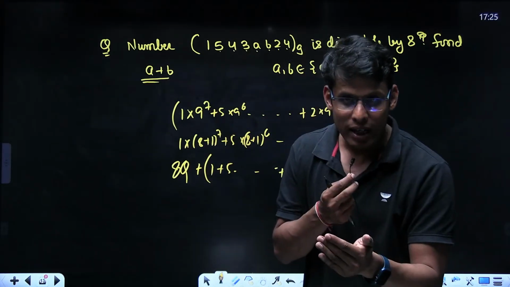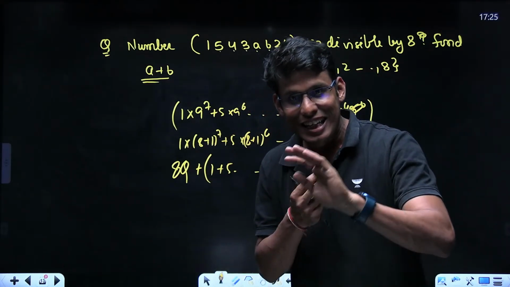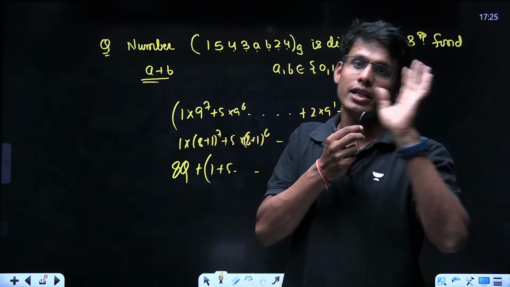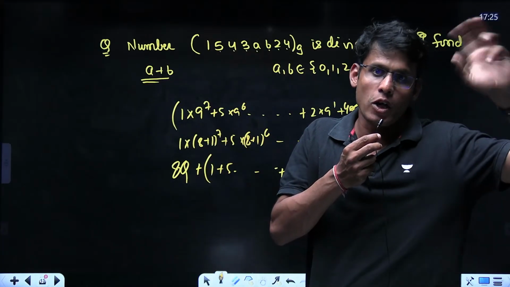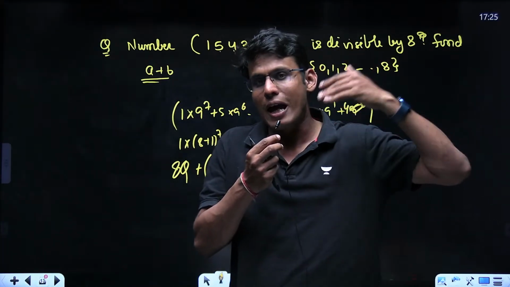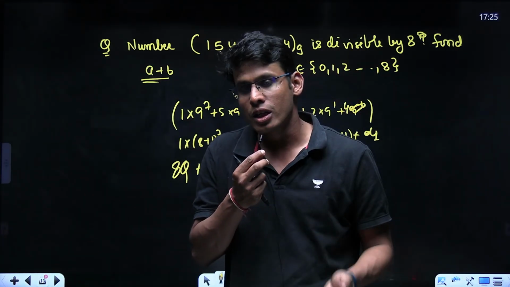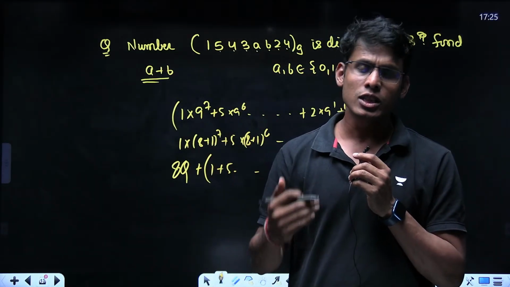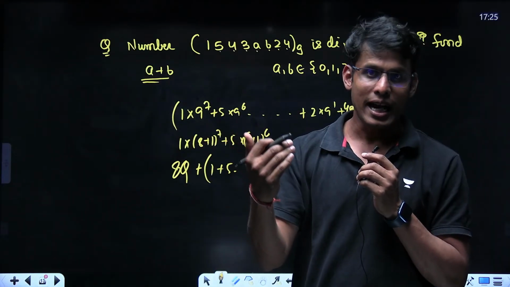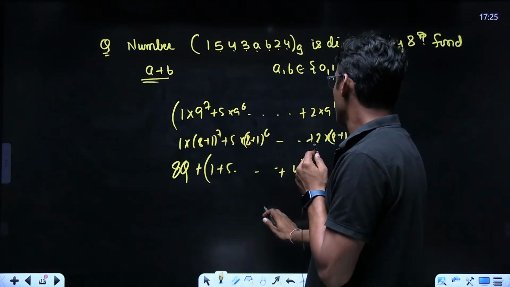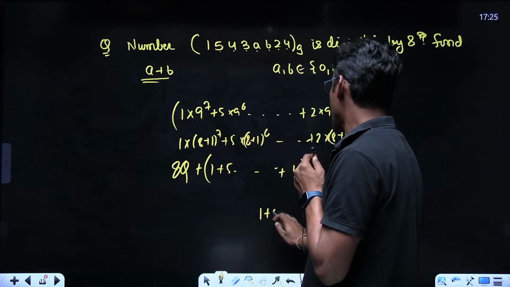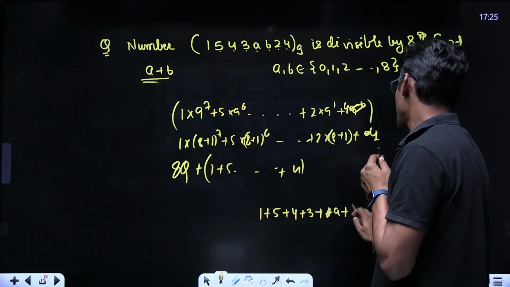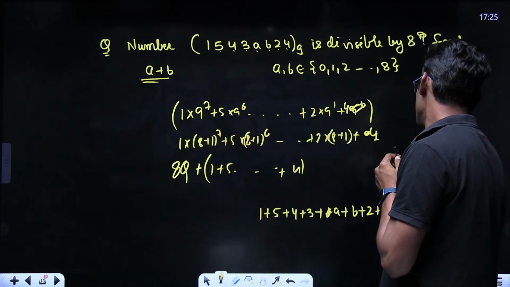In a similar manner, in base 9, the divisibility rule for 8 is that the sum of digits should be divisible by 8. Very simple. This is what we call abstraction, this is what we call generalization. In mathematics, our journey is from studying particular cases to generalizing them. So I simply add these digits and make the sum a multiple of 8.